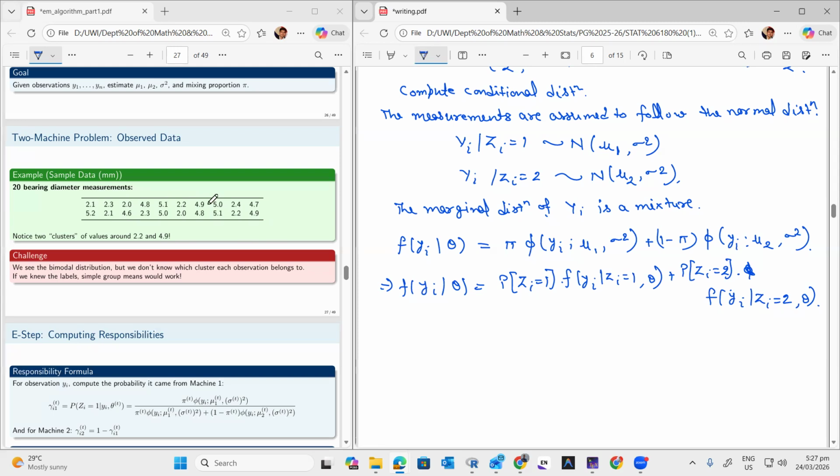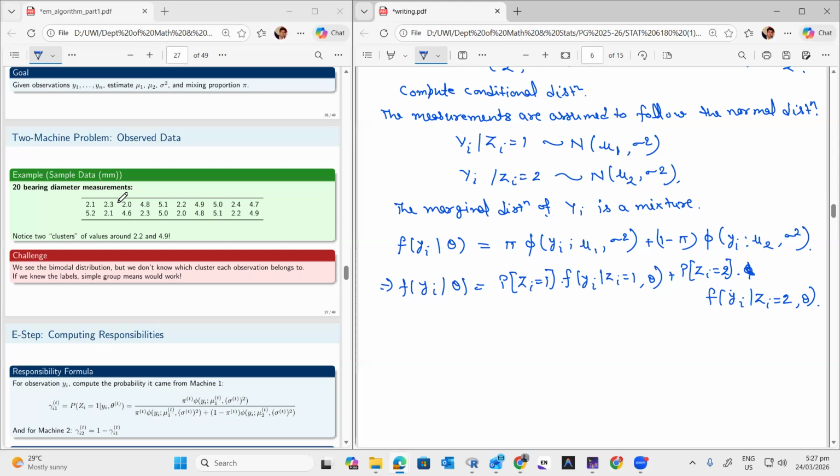Some values are very close to 2.2, and a few are very close to 4.9. We see the bimodal distribution, but we don't know which cluster each observation belongs to. If we knew the labels, simple group means would work. So here we need the EM algorithm.